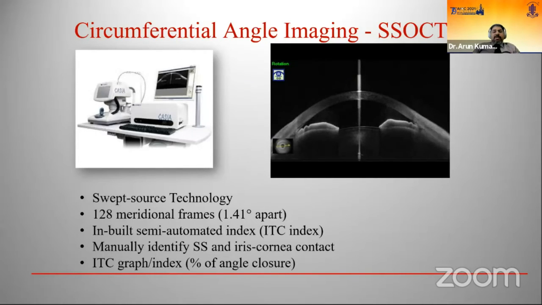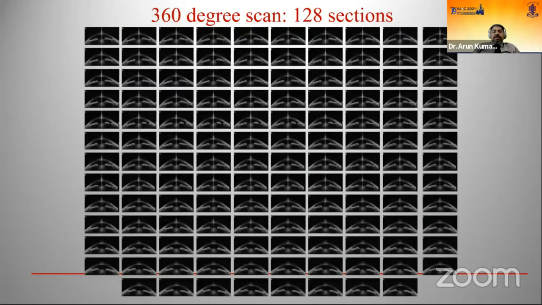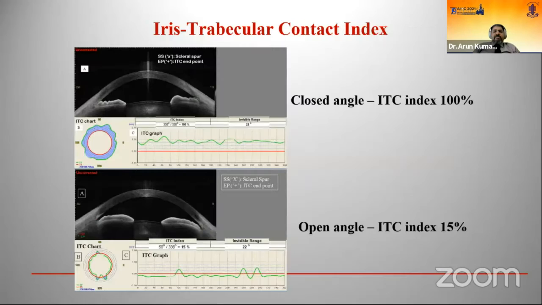The technology images nearly 128 cross-sections, takes samples from all these areas, and you're able to summarize this using semi-automated software with an index called the iridotrabecular contact index. In a closed angle, the ITC index is close to 100%. This essentially means 360 degree closure. The lower the ITC index, the more open the angle is.